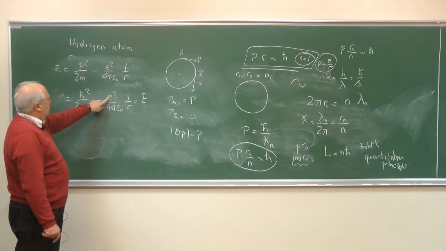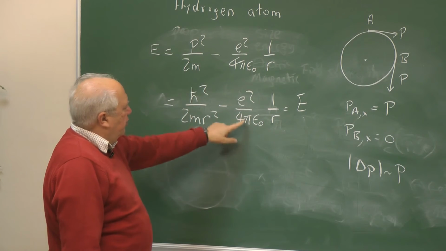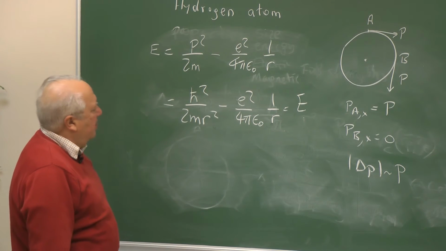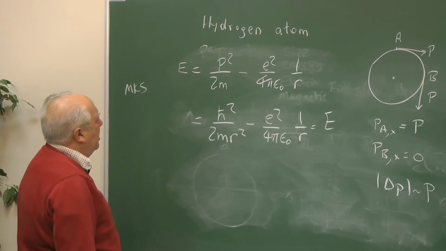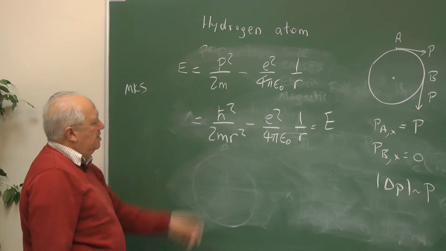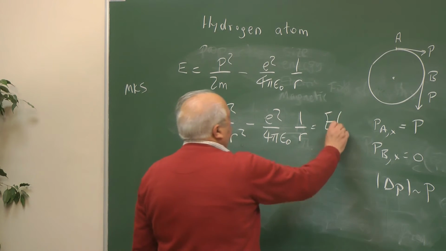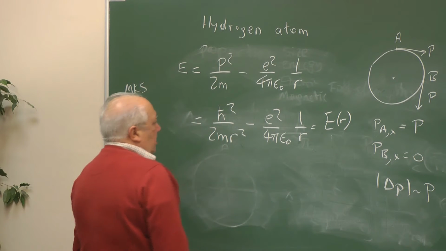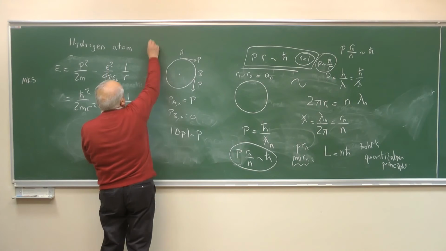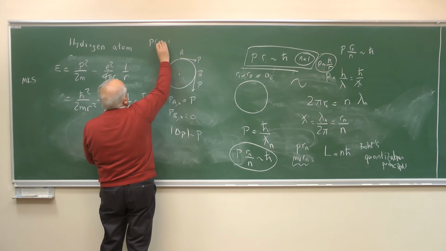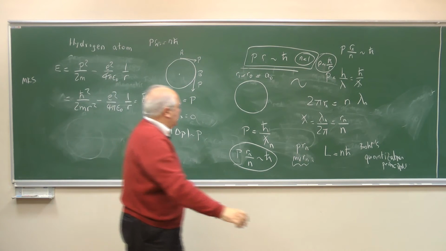This is the magnitude of the electron or the proton charge. 1 over 4 pi epsilon 0 comes because we are using the MKS system. H bar is Planck's constant, m is electron mass. So the only variable is r. That's E of r.